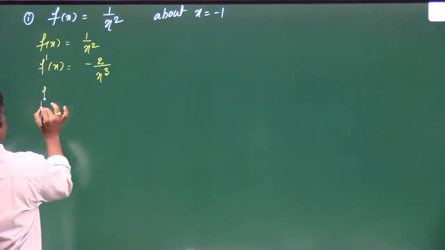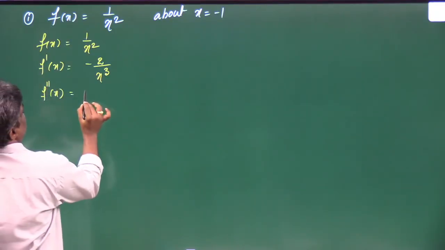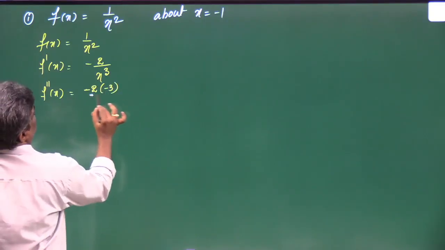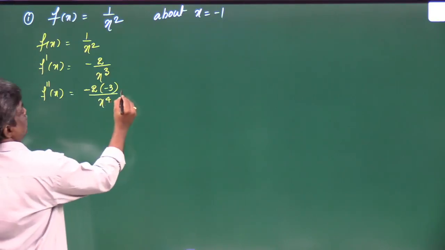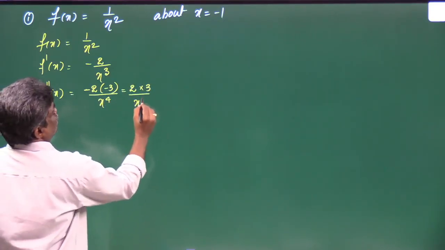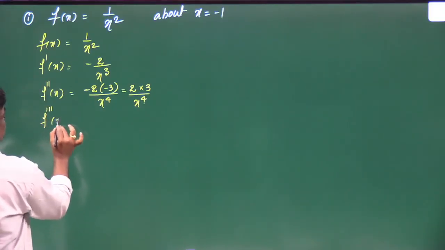Can you please tell me what is the second derivative of f? This is given by minus 2 into minus 3 by x power 4, which is nothing but simply 2 into 3 by x power 4. One more time let us do the differentiation.